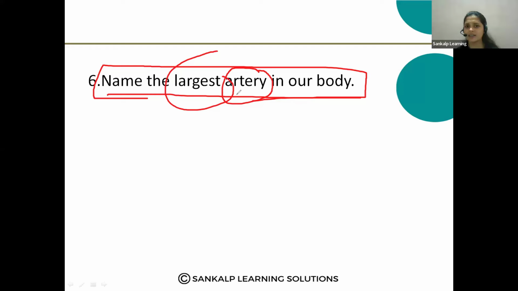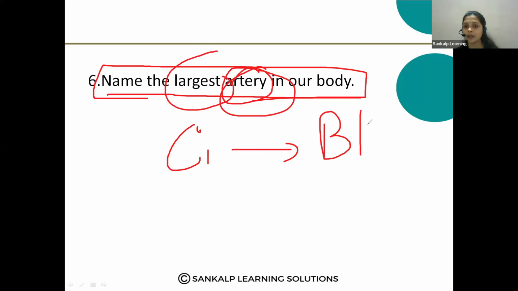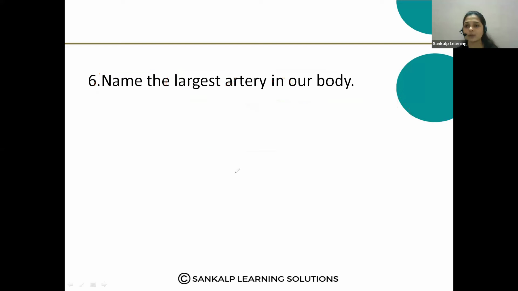No, lungs are part of the respiratory system. This is part of the circulatory system. Arteries carry the blood. There is a largest artery in our body that carries the blood from the heart. What is it called? Anybody?